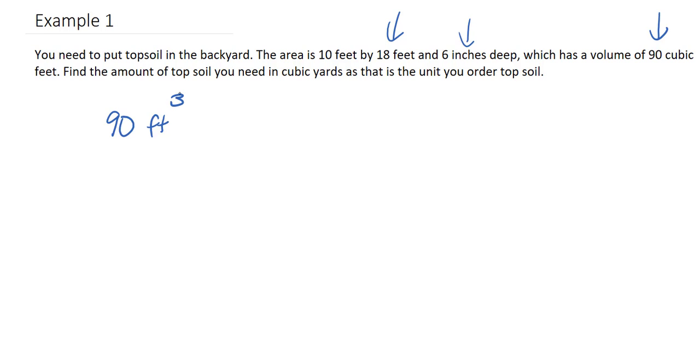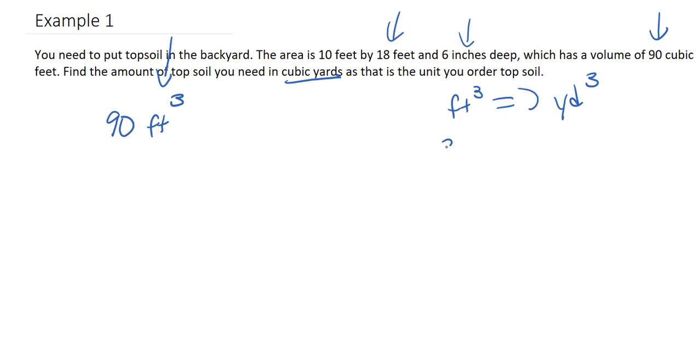Anything you see like cubic in a measurement tells you about a volume. So now we have 90 cubic feet, and we need to get to cubic yards. So cubic feet needs to get converted to cubic yards. What do we know?